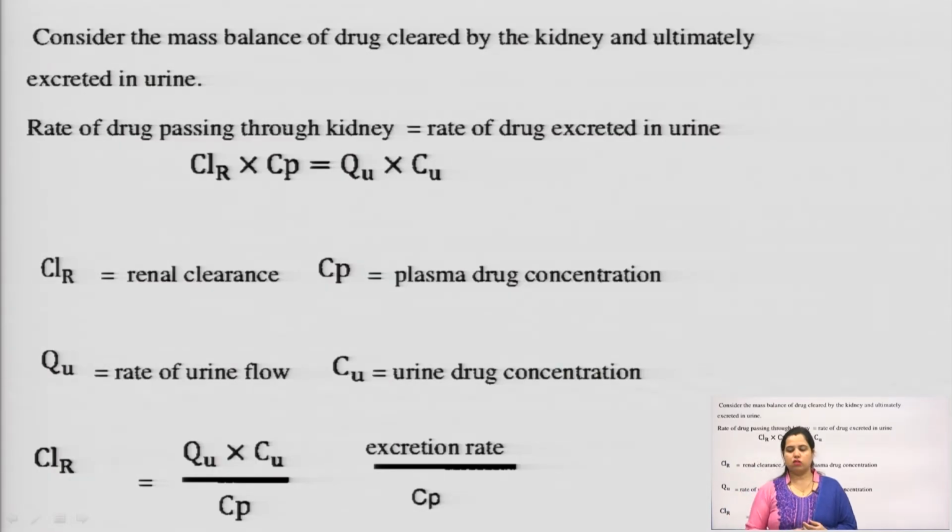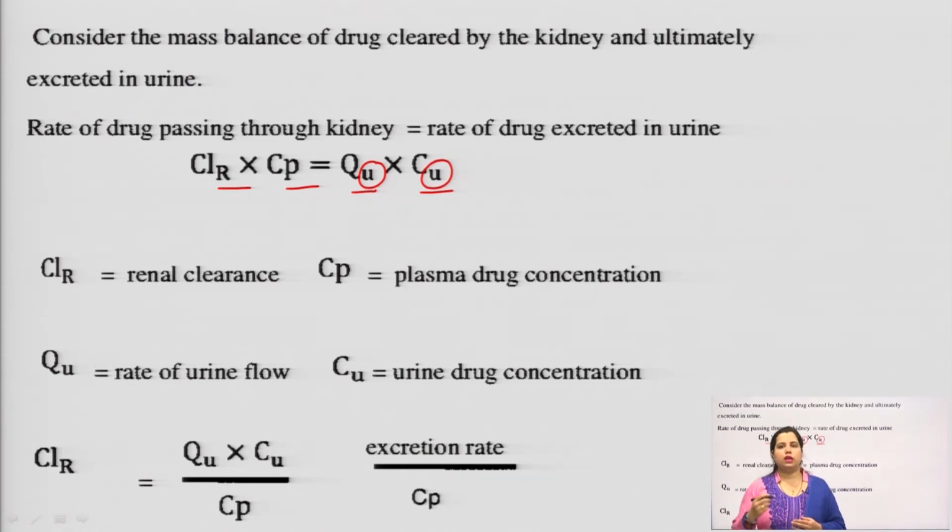So, consider the mass balance of drug cleared by the kidney and ultimately excreted in urine. The rate of drug passing through the kidney is equal to the rate of drug excreted in urine. So, the formula will be CLR times Cp is equal to Qu times Cu, where U represents the urine.